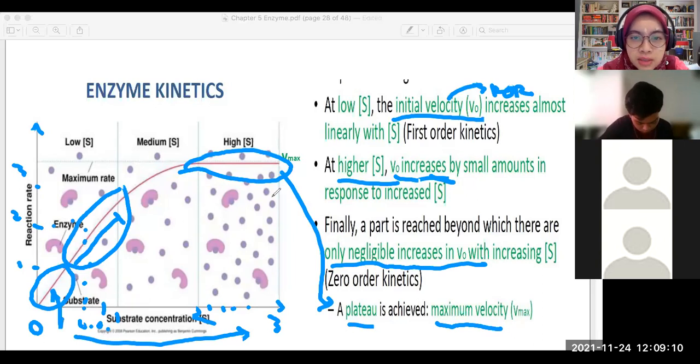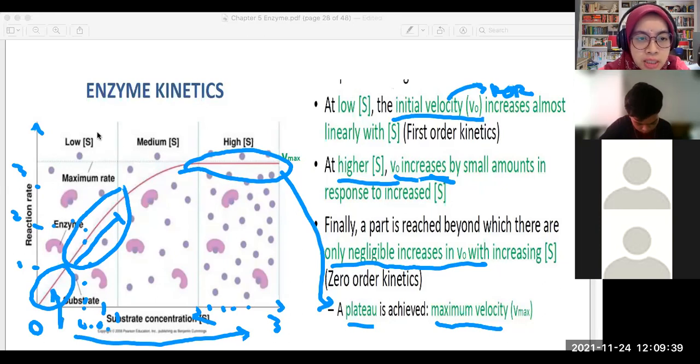If you notice, this graph is formulated depending on the substrate concentration, meaning the amount of substrate, the amount of initial product that we have, and it also depends on the amount of enzyme that we have. The amount of enzyme is constant throughout low, medium, and high. So let's look into the enzyme and substrate diagram over here.